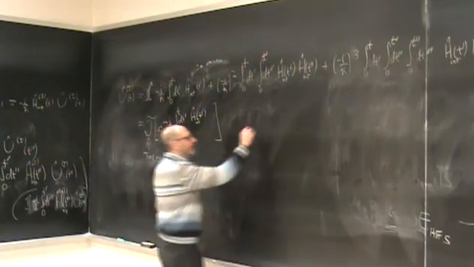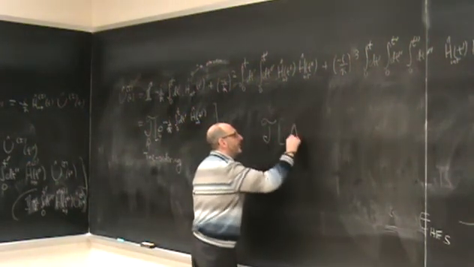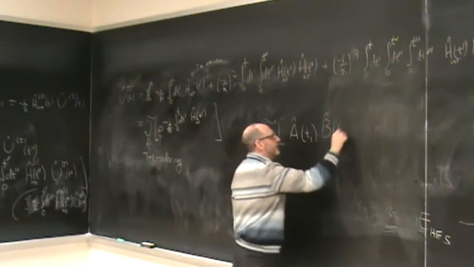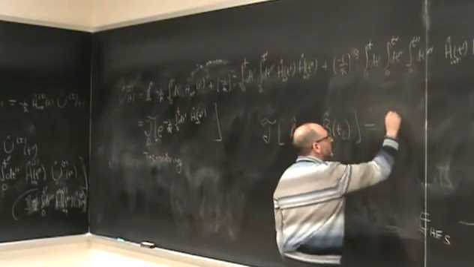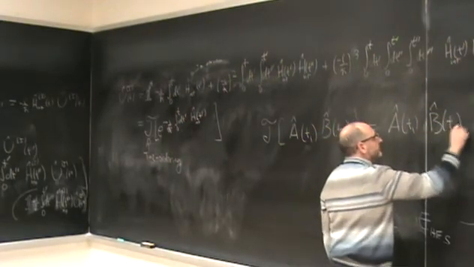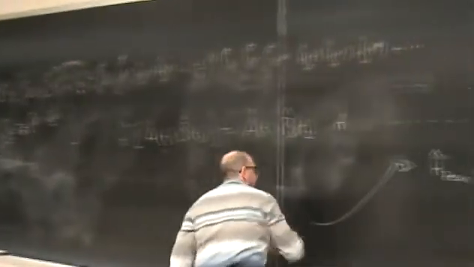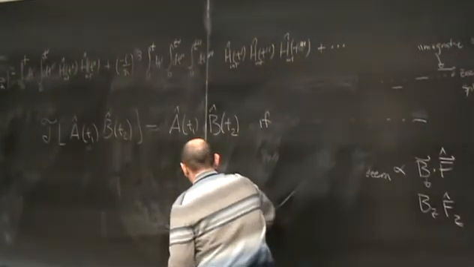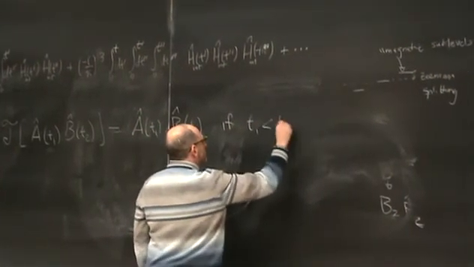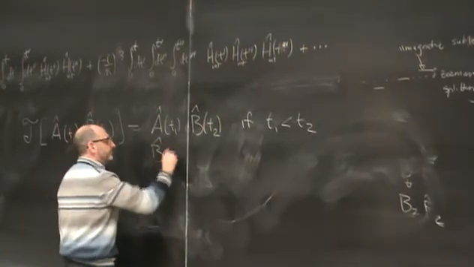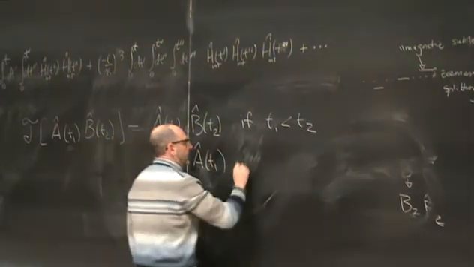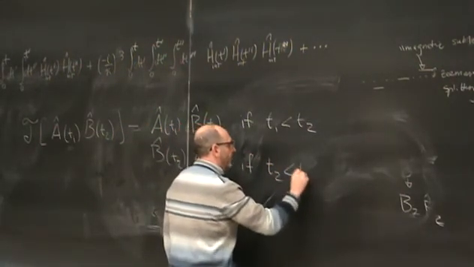And it's defined as follows. The time ordering applied to the product of two operators, A at t1 and B at t2, is equal to this if t1 is less than t2, and it's equal to this if t2 is earlier than t1.